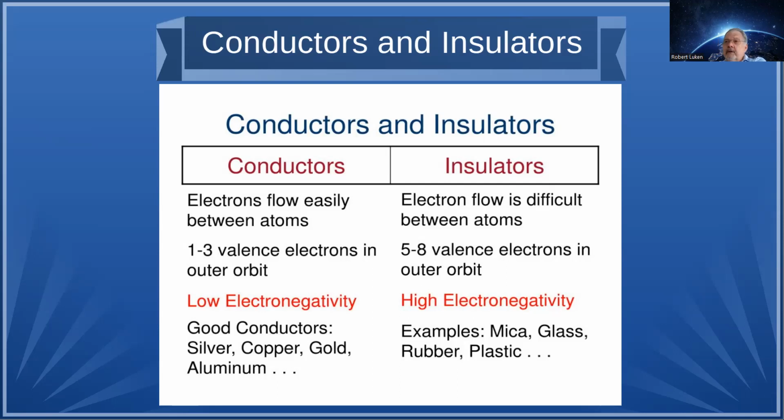If there's 1 to 3 electrons in that outer shell, it's classed as a conductor, and it means that those electrons are very easy to separate. Basically, they don't require a whole lot of energy in order to become a free electron, and then they can go fill in a missing spot or a hole in another atom, and that causes that charge to move from one place to the other, and the virtual hole to move in the opposite direction.